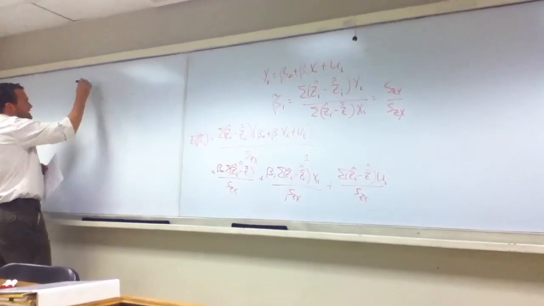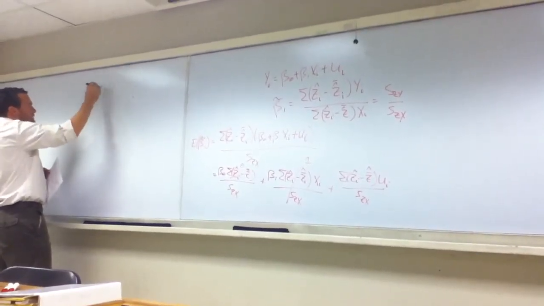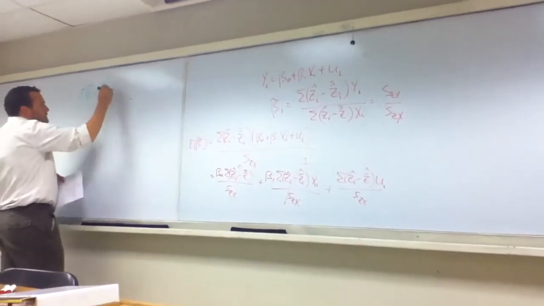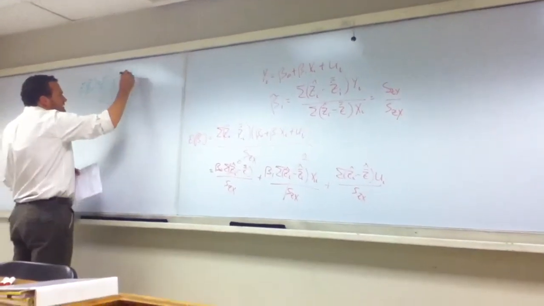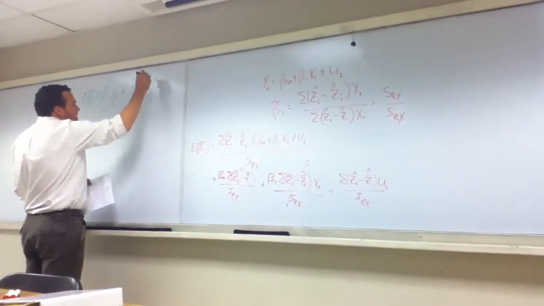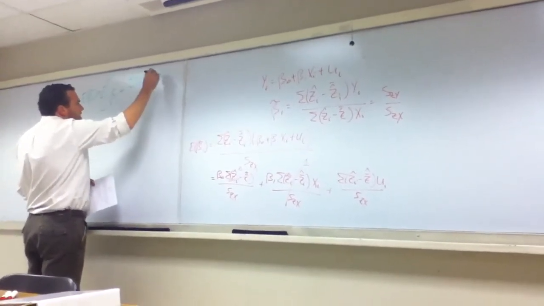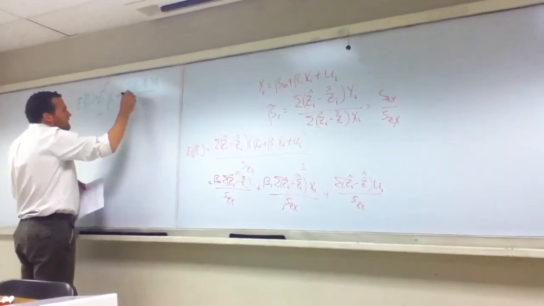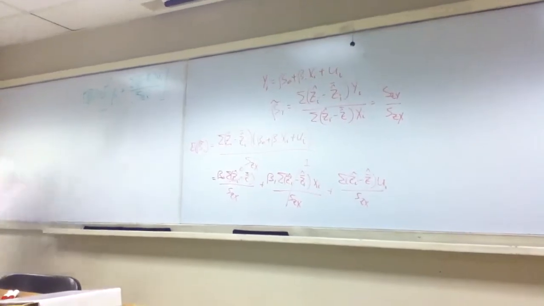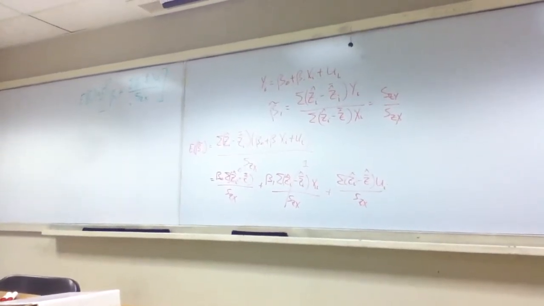So remember, we still haven't taken the expected value, but what we're going to look to do is take the expected value of what we're left with, which is beta 1 plus Ci minus... okay, so we're going to look to take the expected value of that.